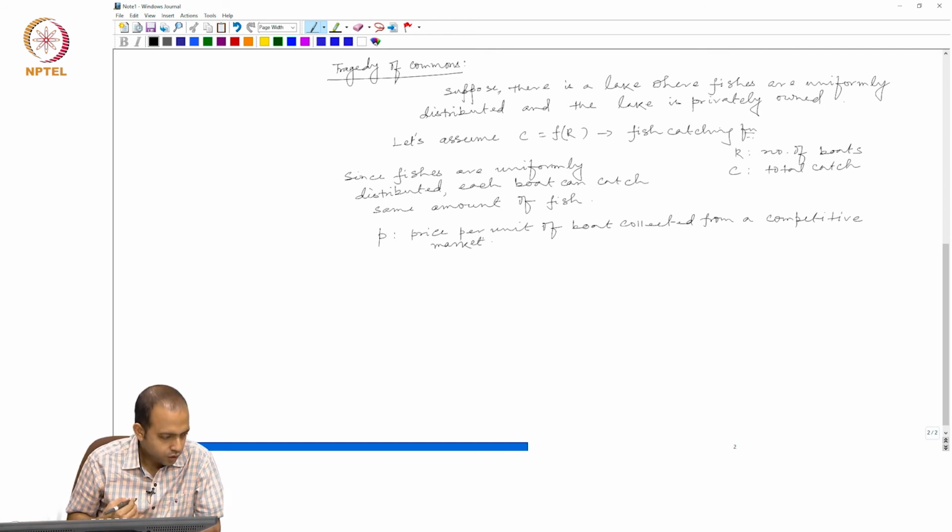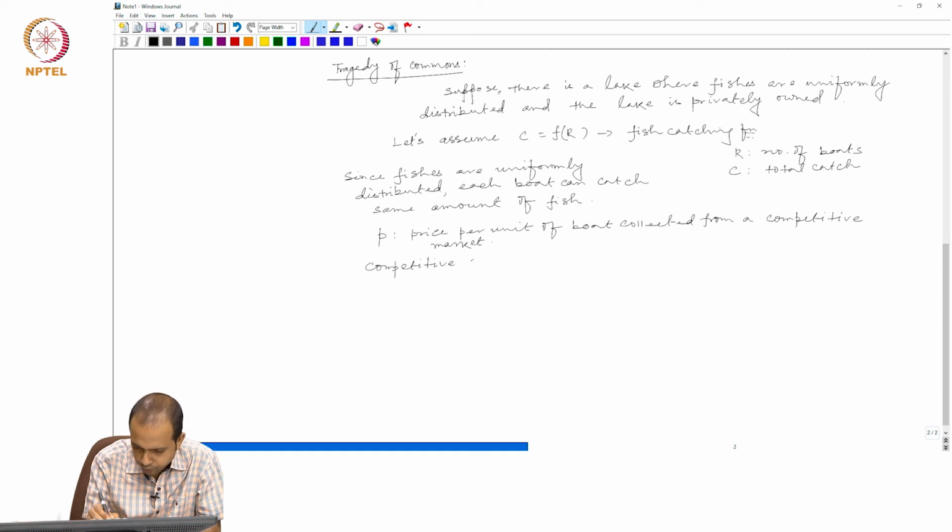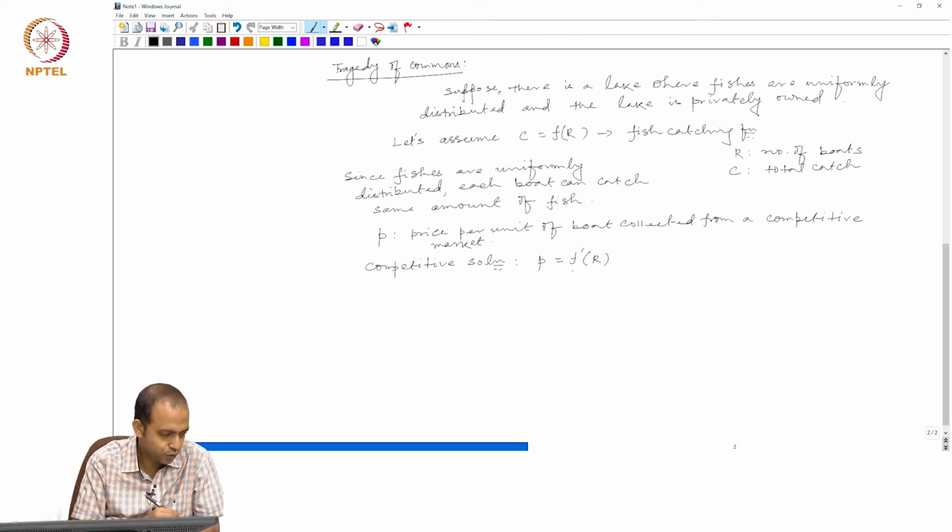Right. So, what is the competitive solution? The competitive solution is then P equals the marginal product, that means P should equal F prime k. P equals F prime k is the competitive solution.